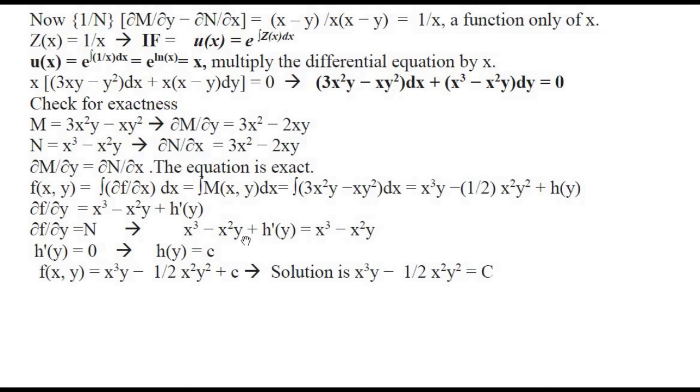So we can cancel these two terms, giving h'(y) equal to 0, which implies h(y) equal to c, a constant. Now f(x,y) can be written from this expression as x³y − 1/2 x²y² + c, and the solution is x³y − 1/2 x²y² equal to c.